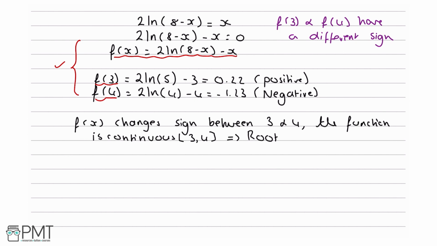Your next mark comes from getting 0.22 and minus 1.23 and doing your argument: stating explicitly that f(x) changes sign and the function is continuous. You need the positive and negative values shown, and your concluding statement, all to get your next mark.